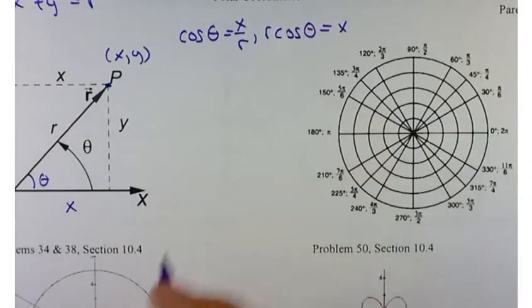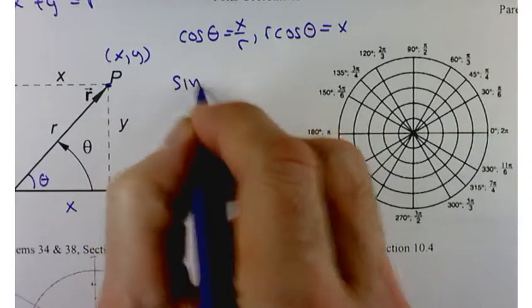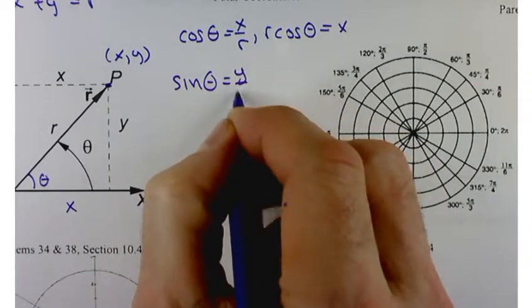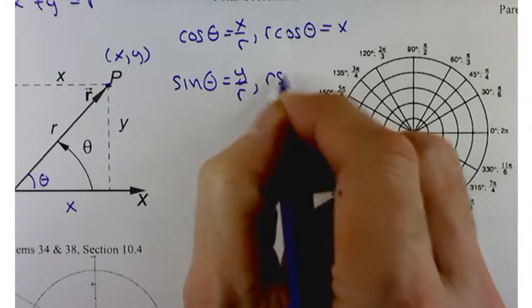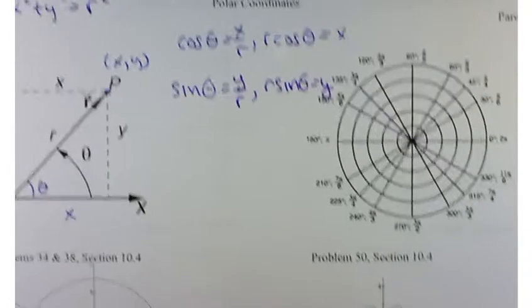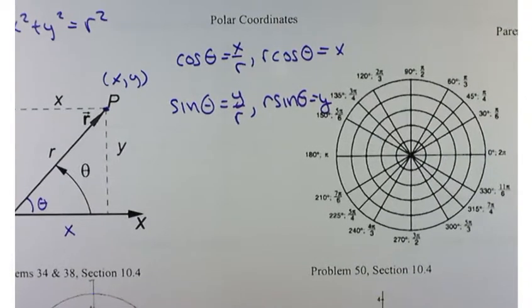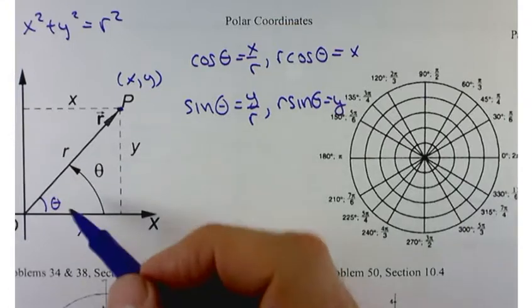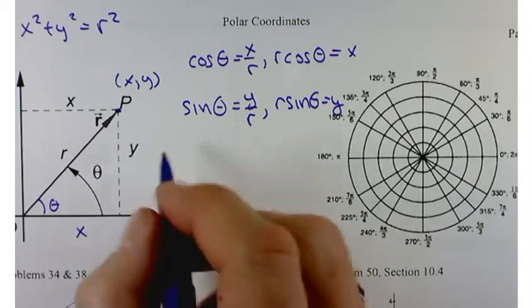Likewise, what's the sine of theta going to equal? Y over r. And from that, r sine of theta is equal to y. So a couple nice relationships there. There's one last one that I want to get, and that is the tangent of theta.